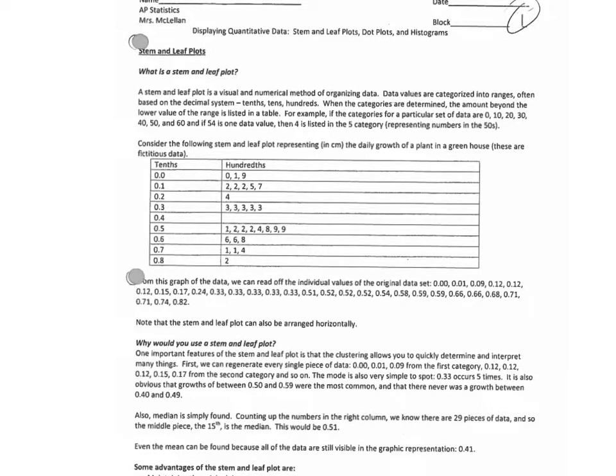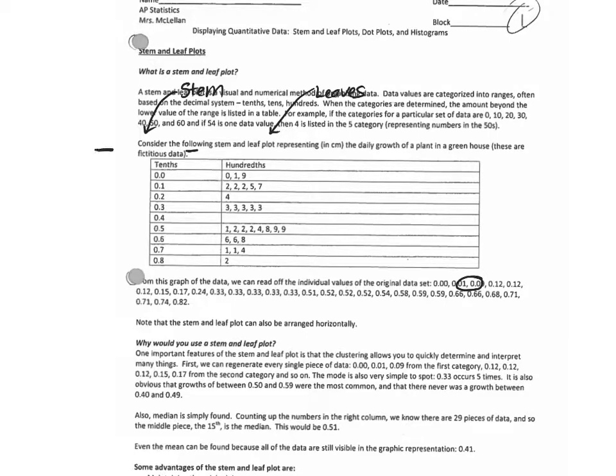Thanks. And so this area would be your stem, and this area would be your leaves, and each one of these leaves represents a piece of data in your set. For example, this first number is 0.00 in the data set. Each leaf is its own number.